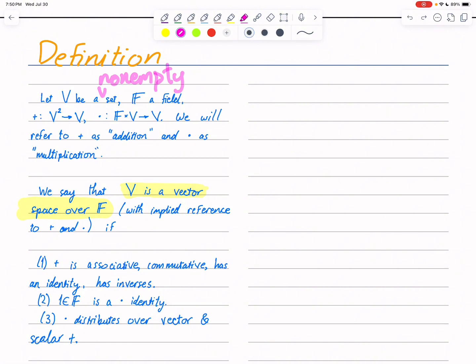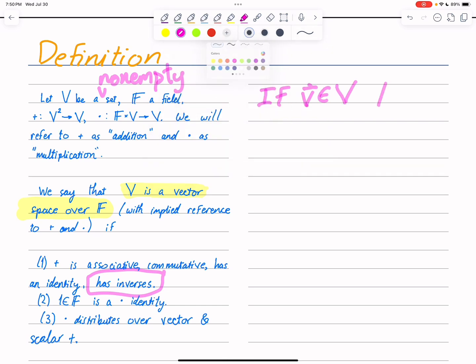So that's what this part means: the vector space must have an identity element, namely the 0 vector, and it must have inverses. Now, when I say that, I mean an additive inverse. So what I'm saying is that if you take some vector v in your vector space, then its inverse, negative v, must also be in the vector space. And what is this, right?